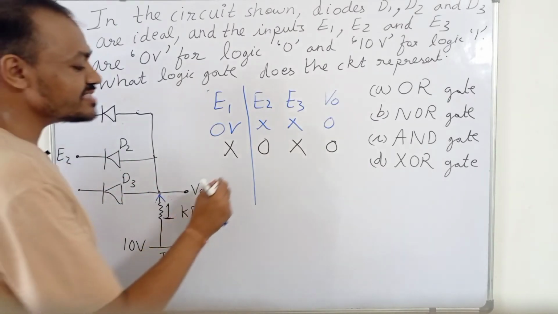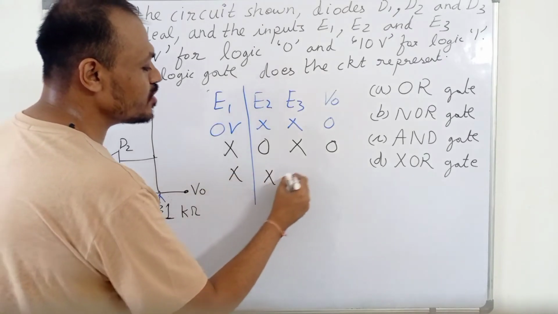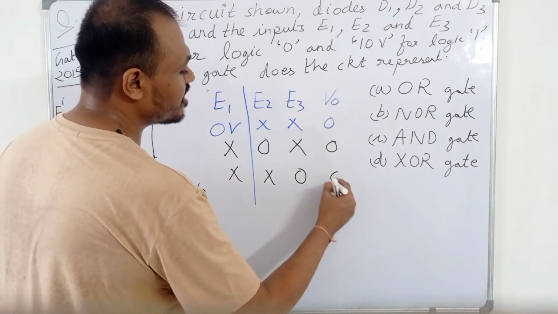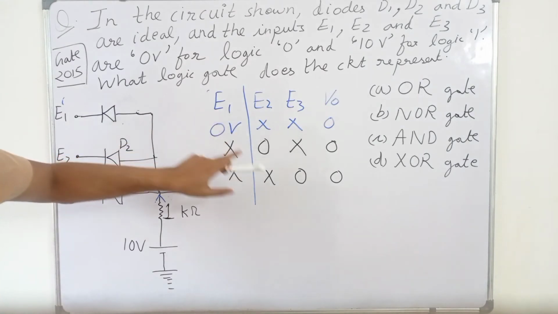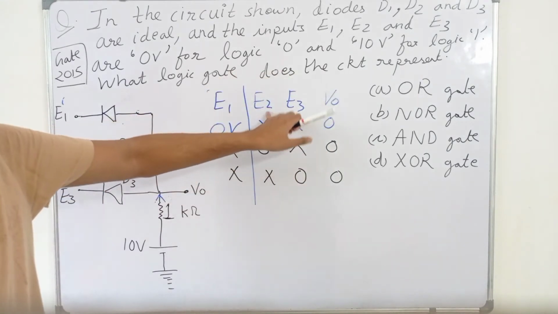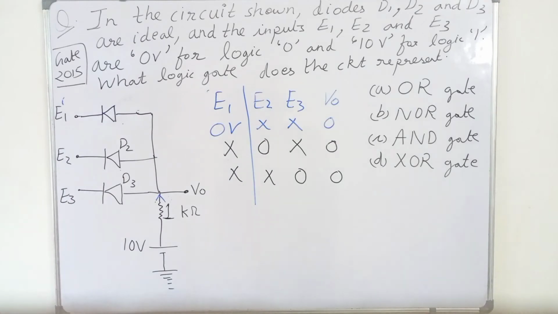Then in the third case, E1 and E2 can be any value and E3 is 0 volt, so V0 will be equal to 0 volt. So if any one of the inputs is 0 volt, then whatever the case of the other two, V0 will be 0 volt. This covers all the cases for 0 0 0, 0 0 1, 0 1 0, 0 1 1 and all these cases.